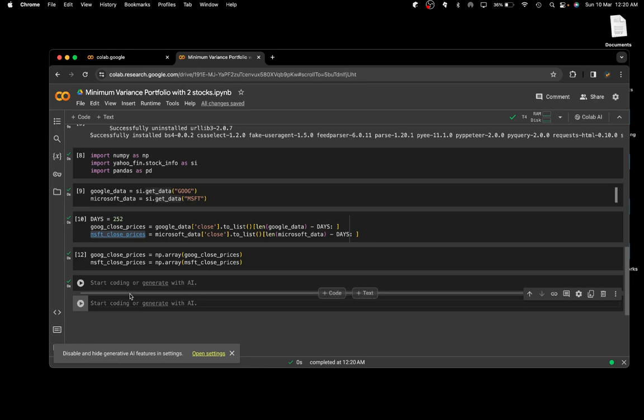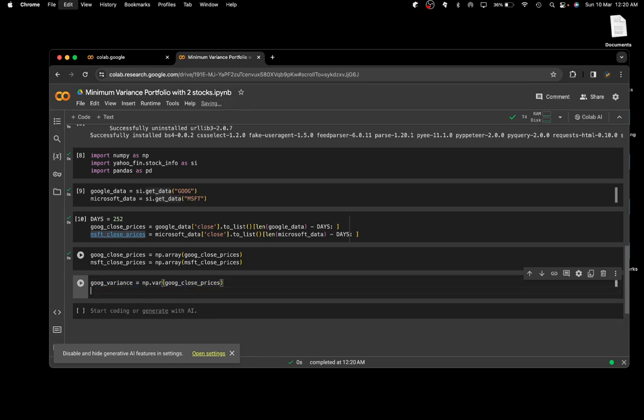Okay, so now what I need to do is get the variance for this. So Google variance is equal to np.var, and I'm pretty sure np.var is a function.